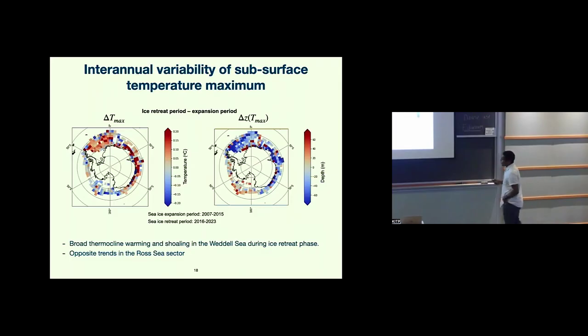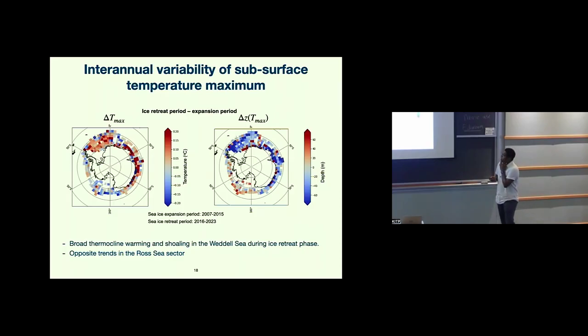What you can see very clearly is that in the Weddell, the subsurface has clearly warmed, and there's a spatially coherent pattern. You also see that the subsurface temperature maximum has shoaled quite a bit, right? On the order of 60 plus meters in some regions.